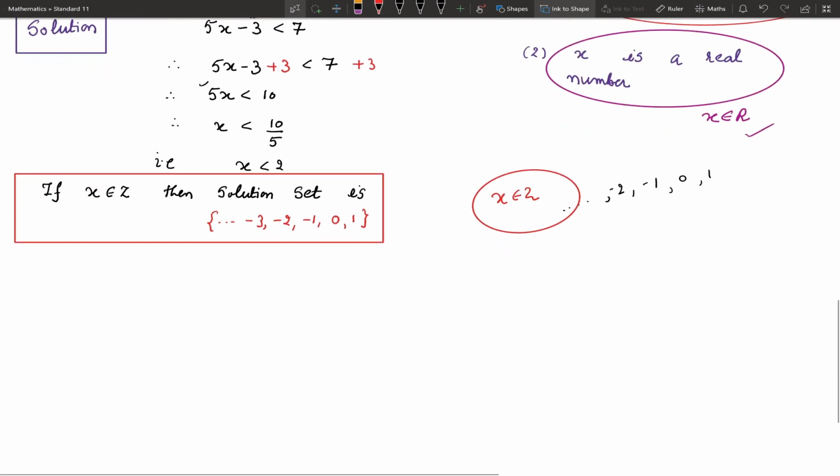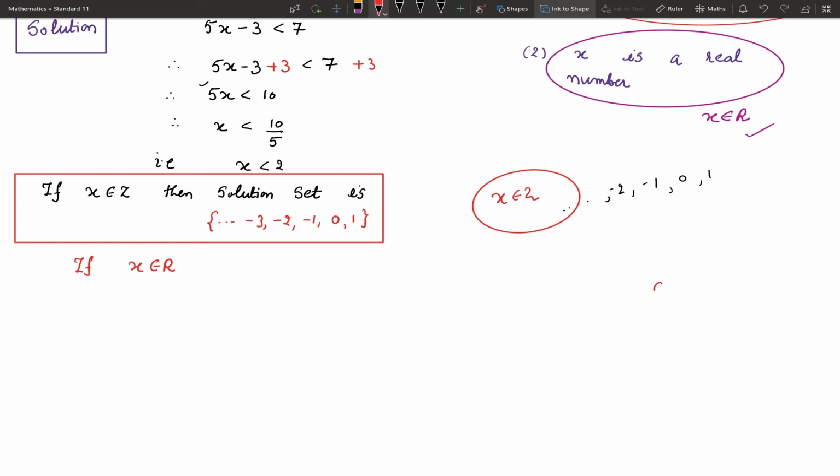Now consider case 2. If x belongs to R, all real numbers which are less than 2. In the case of x belongs to R, we know that the solution will be in terms of an interval. For real numbers, you draw the real line.